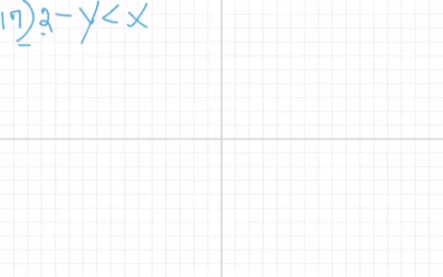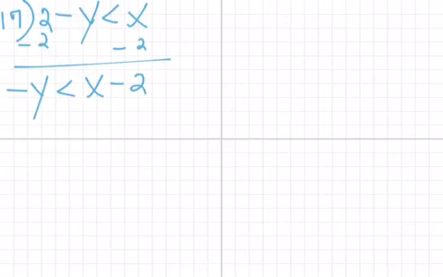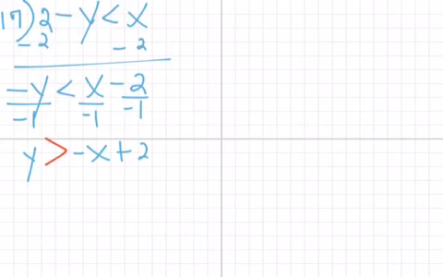We need to subtract 2 from both sides, which gives us negative y is less than x minus 2. Now divide everything by negative 1, because we want a positive y. I have to reverse the inequality because I divided by a negative. So y is greater than negative x plus 2, because negative divided by negative is positive.